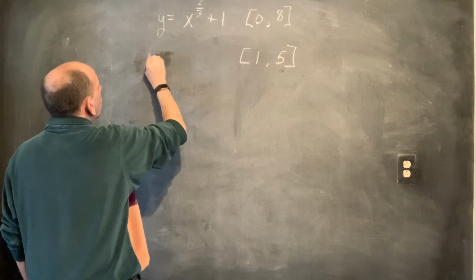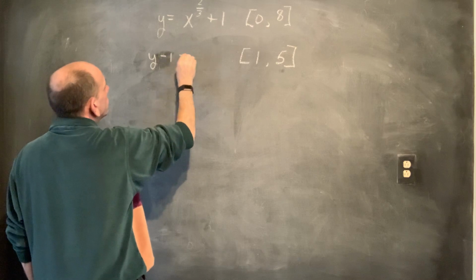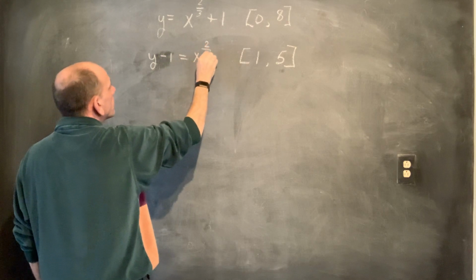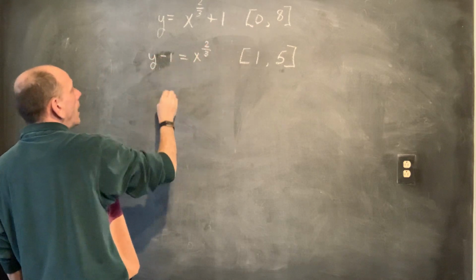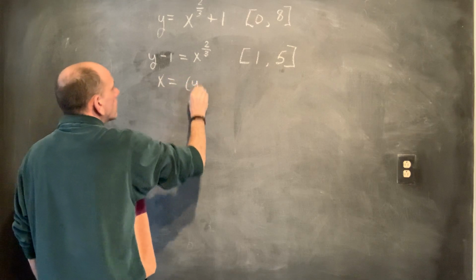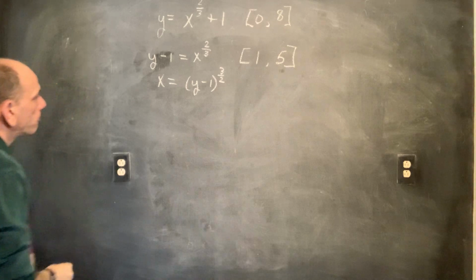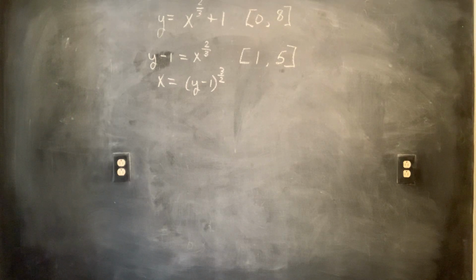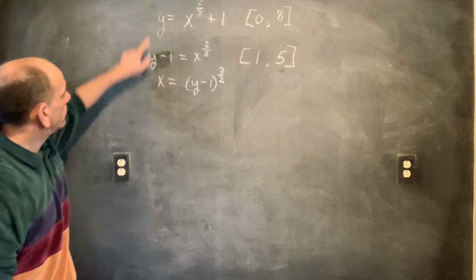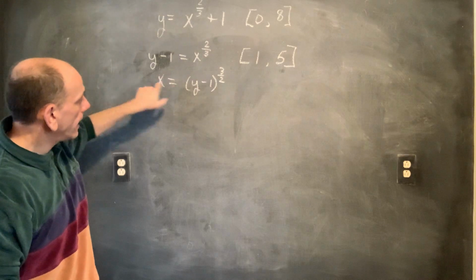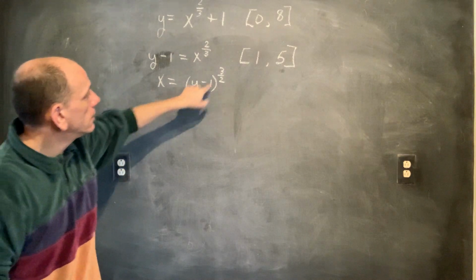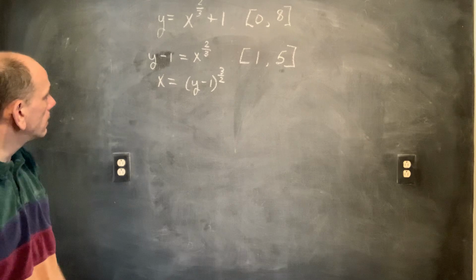So y minus 1 is x to the 2/3. And if I take the 3/2 power, x is y minus 1 to the 3/2 power. Okay, so we've solved for x as a function of y, and we found our y bounds.